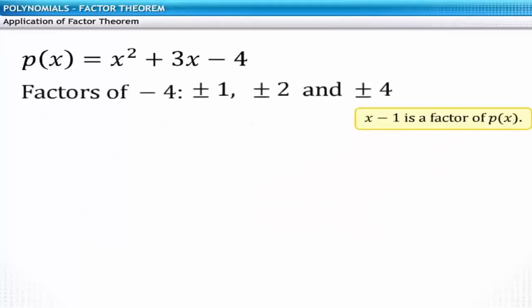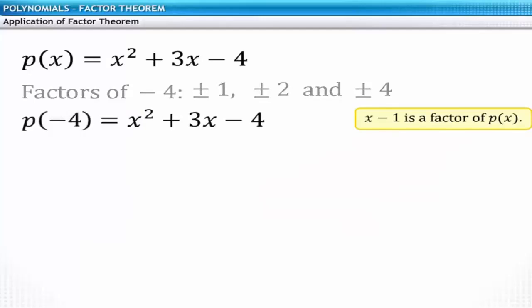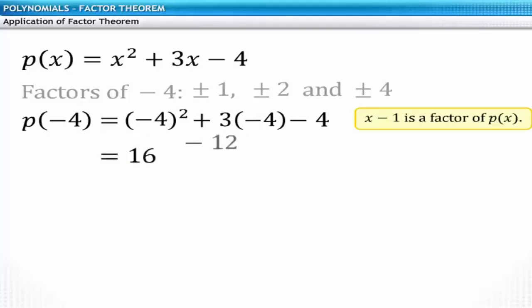By performing the same for all factors, we get p of -4 is equal to 0.